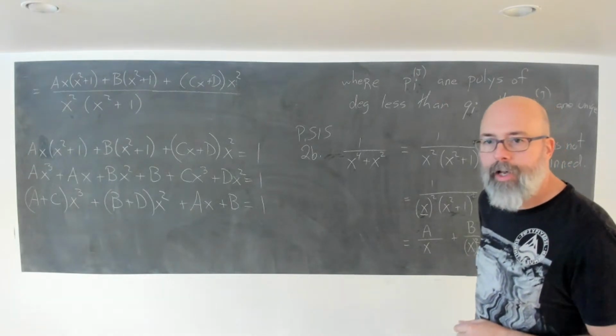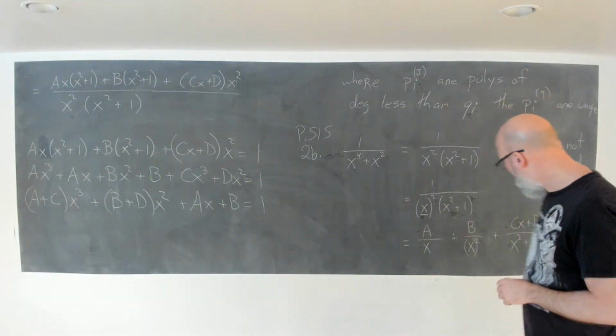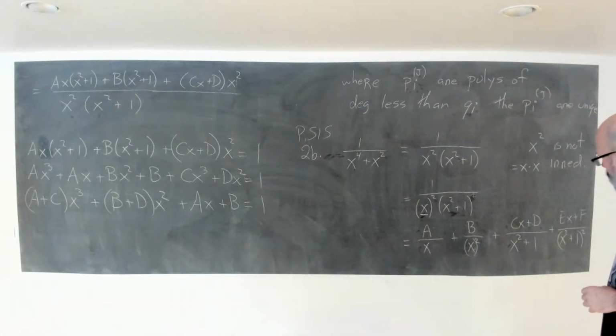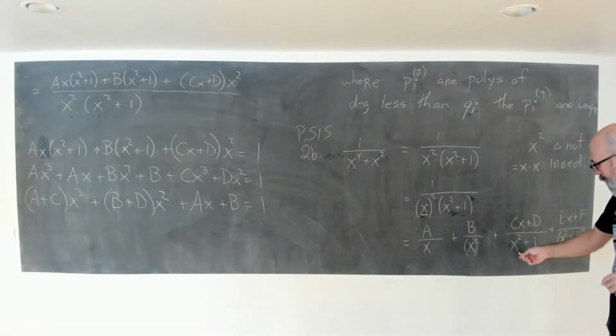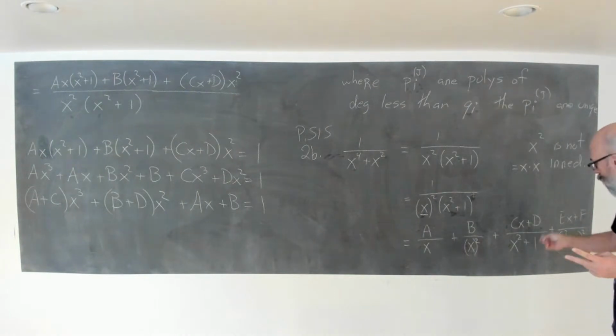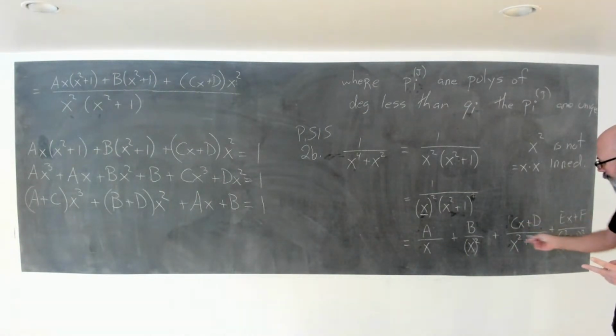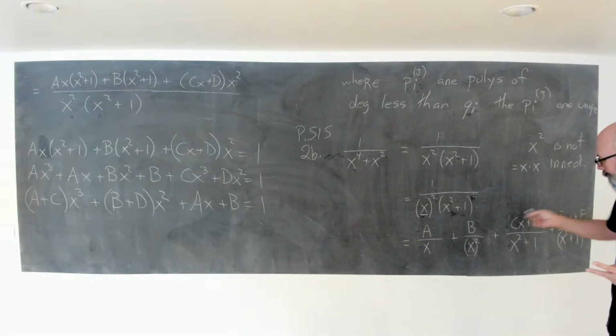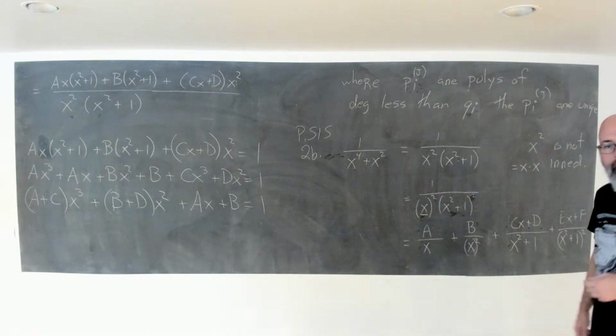So why is it cx but not ax and bx? Well, here the irreducible is degree 2. So we search for a polynomial of degree less than 2 on top: cx plus d.